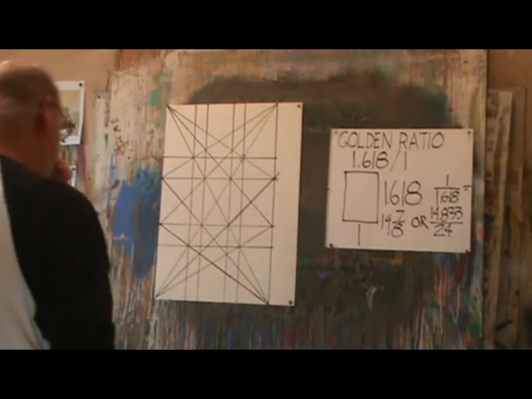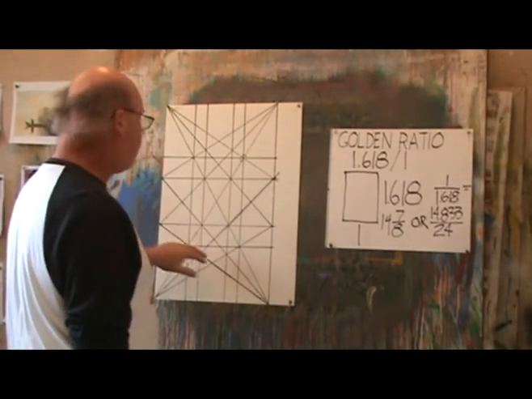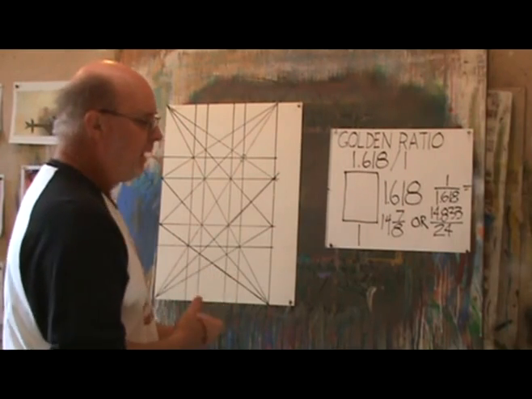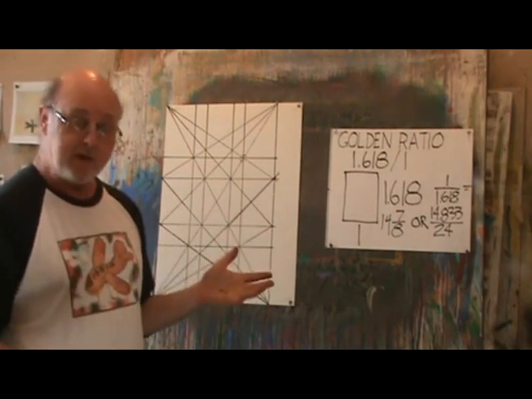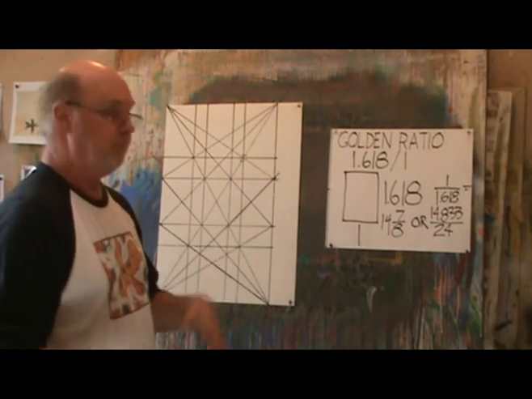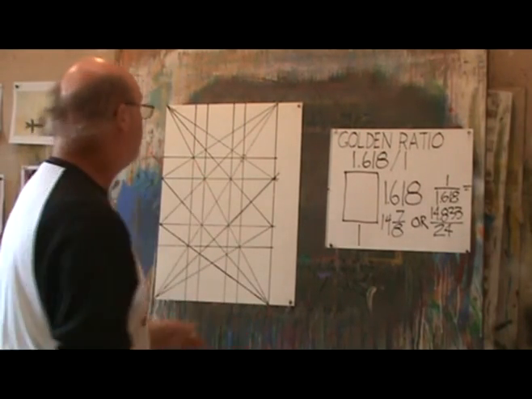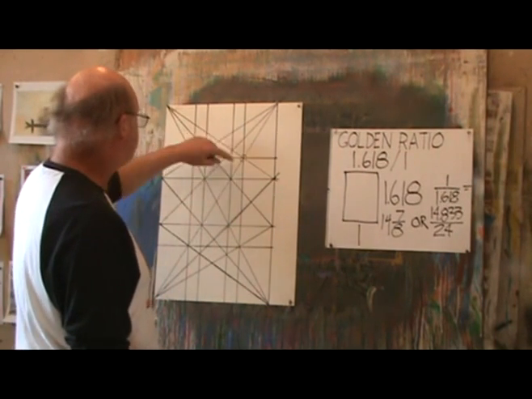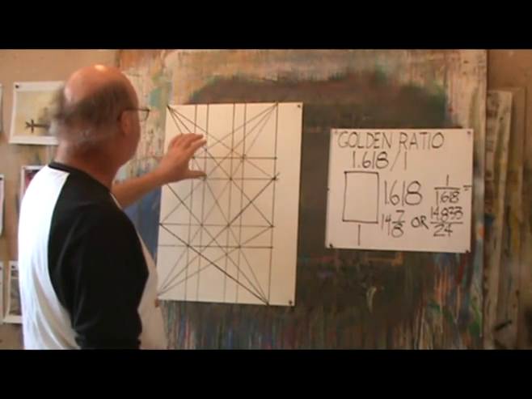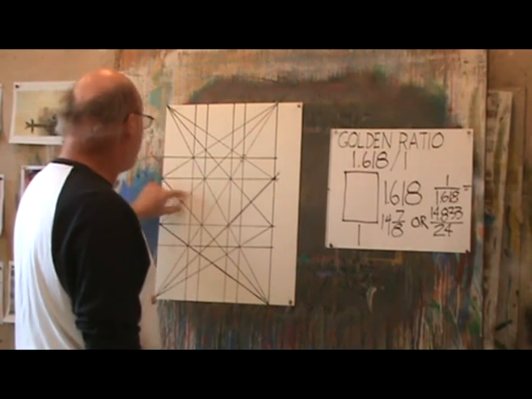Now I said that all these points become significant in the composition. That doesn't mean you have to use all of the points. You can use any combination of points. You can use one of them, 2 of them. You can use all of them. You can use the lines. You can have features tangent to the lines. You can have features centered on the line.